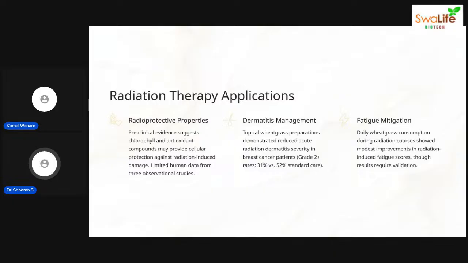Now radiation therapy application. We have seen chemotherapy, drug therapy; now we move to radiation. Radiation is another type of cancer treatment.